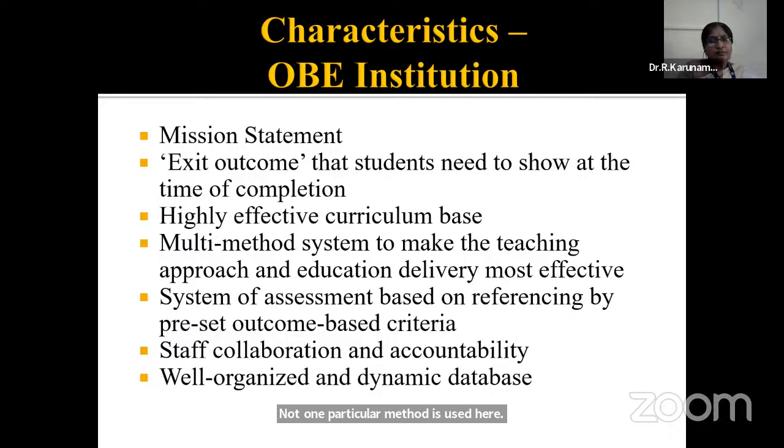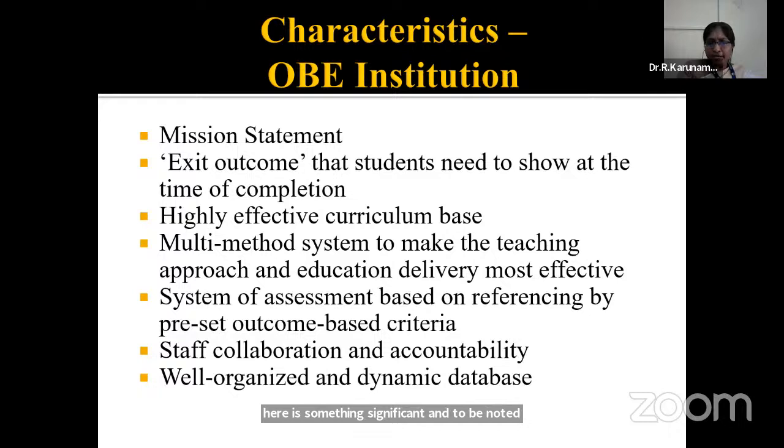Any method which is suitable for the set of students to achieve the exit outcome can be adopted and applied by the teacher. The freedom the teacher enjoys here is something significant and to be noted.